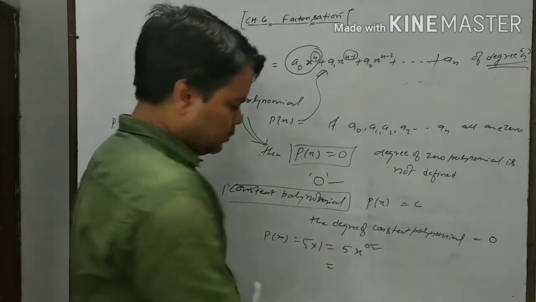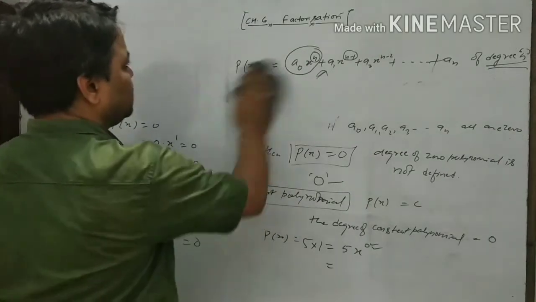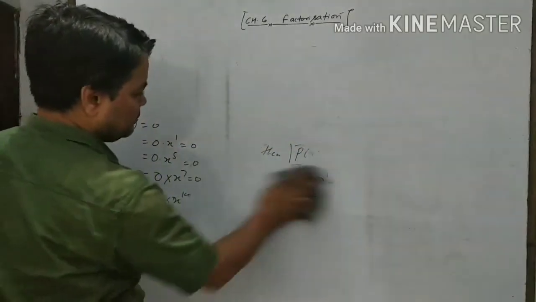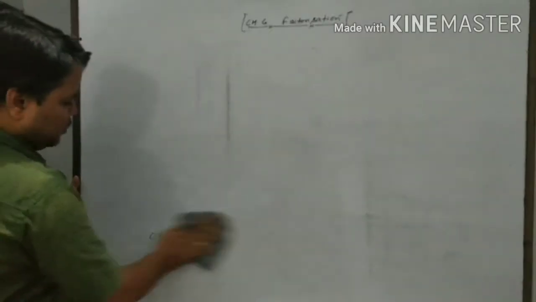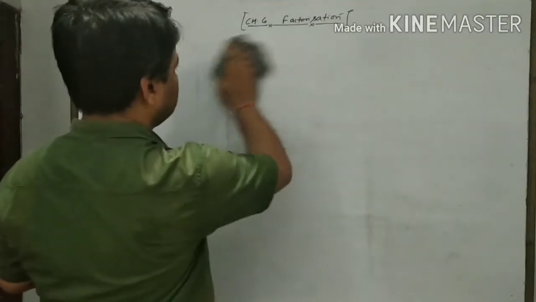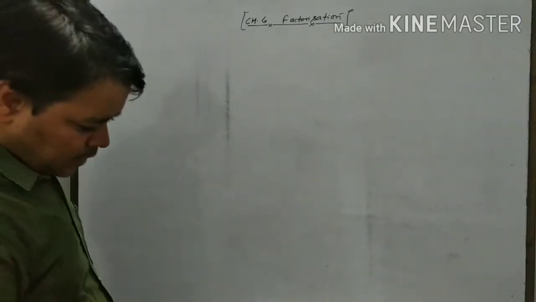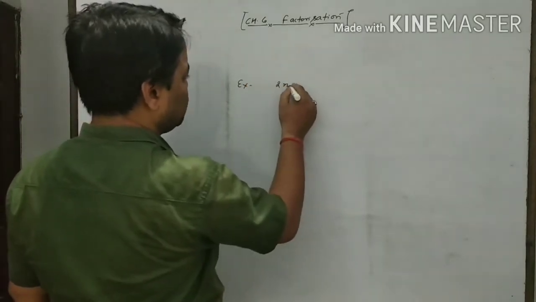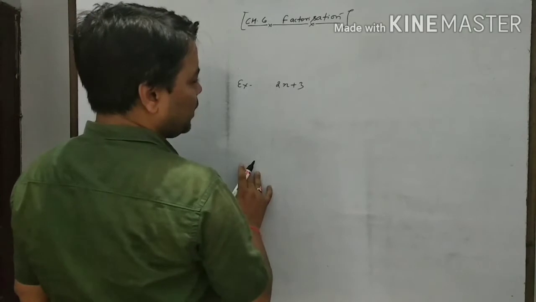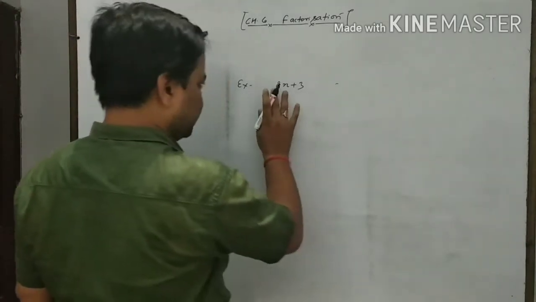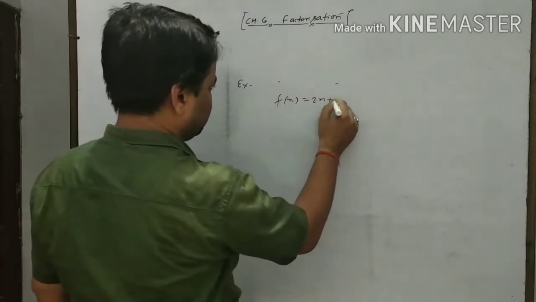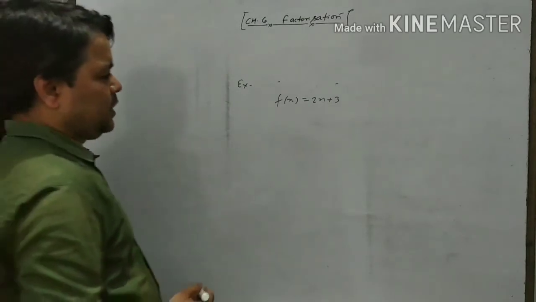Okay, so this is the total about the introduction of polynomial, leading term, 0 polynomial, constant polynomial, and other terms related to the polynomial. Now, example of the polynomial. Here, if you write 2x plus 3, we can write f(x) is equal to 2x plus 3.